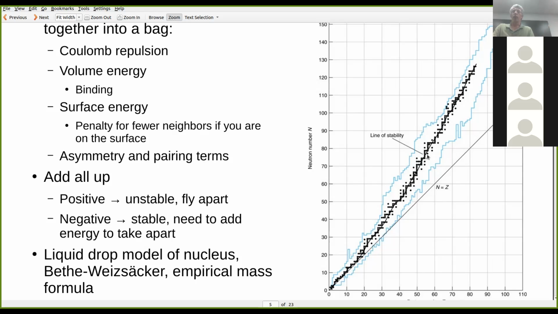Okay, so I can use beta decay to basically change a neutron to a proton or change a proton to a neutron and then get closer to the line of stability. Okay, if I'm neutron rich, converting a neutron to a proton gets me closer to the line of stability from the one side.